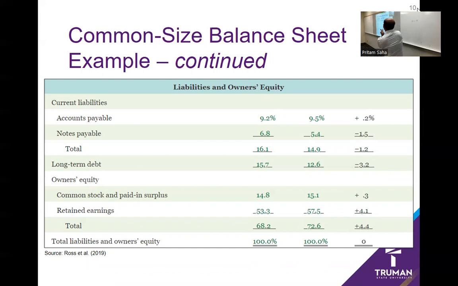But if we look at the changes, how can you explain? What is the interpretation? If you look at the changes, what are they doing in 2018 that is different from 2017?